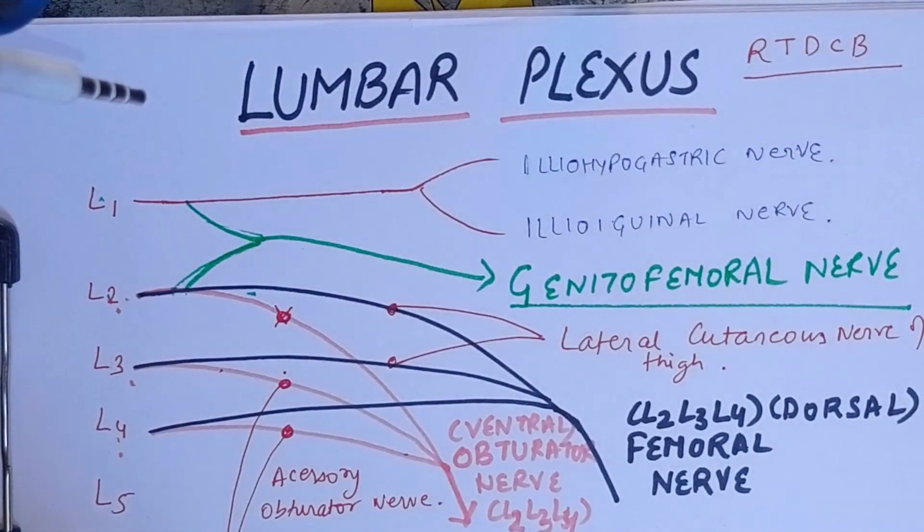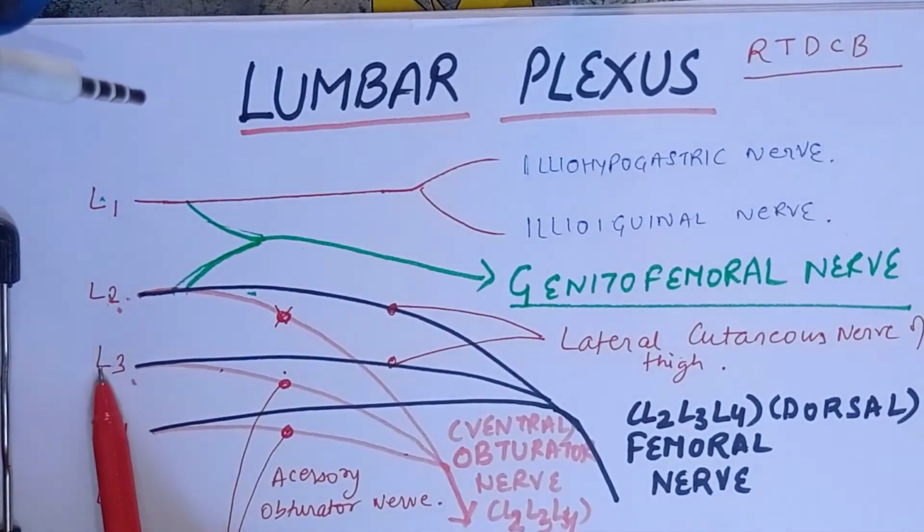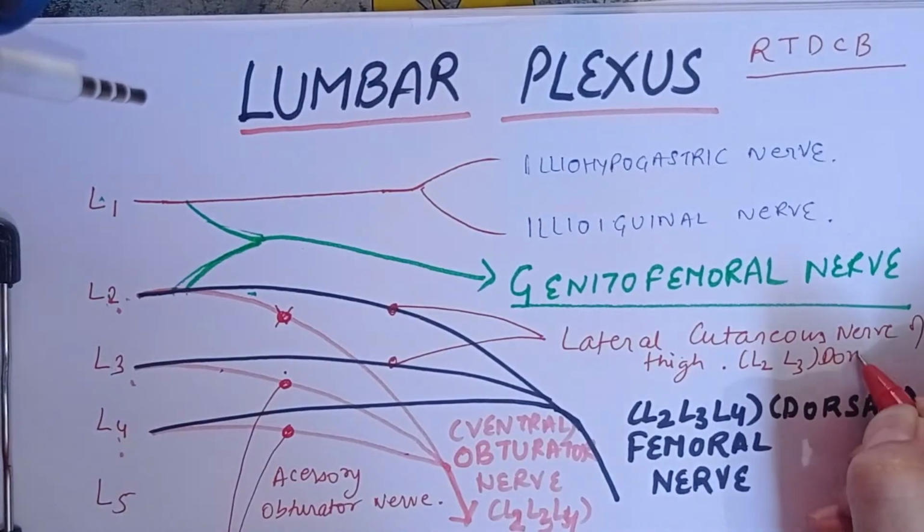If someone asks you the root value of the lateral cutaneous nerve of the thigh, then the root value is L2, L3 dorsal division. Remember, L2, L3 dorsal division.